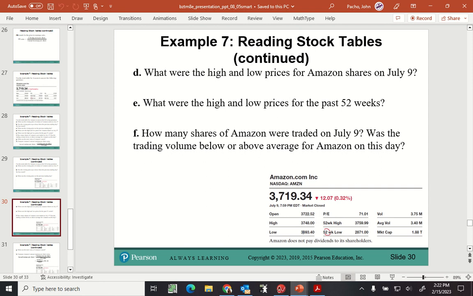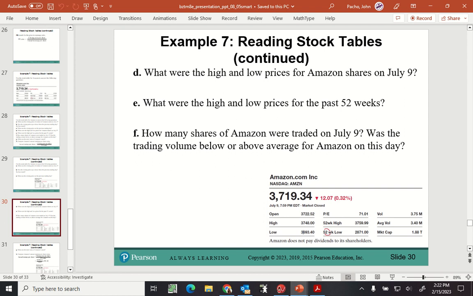What was the high and low for the past 52 weeks? 3,059.99 was the high. The low? 2,871. That's actually not bad, right? If you were to buy it low, sell on high, you made almost $1,000 there. Per share.